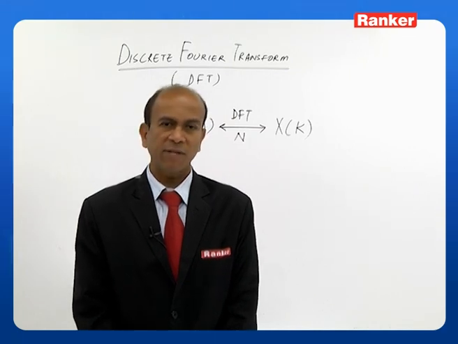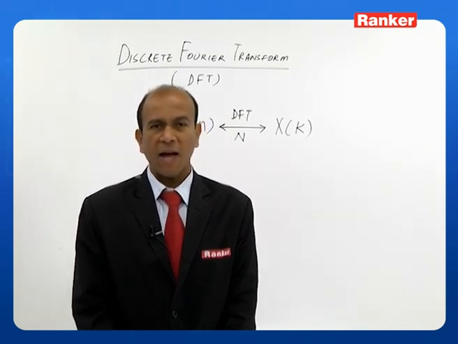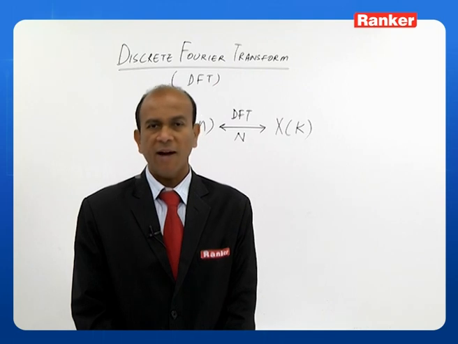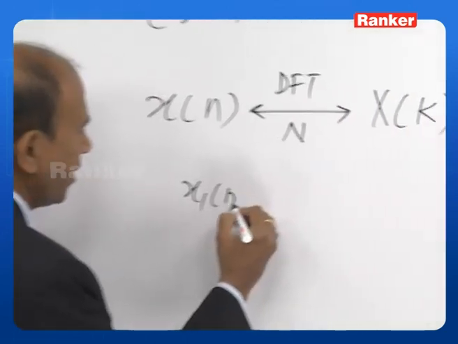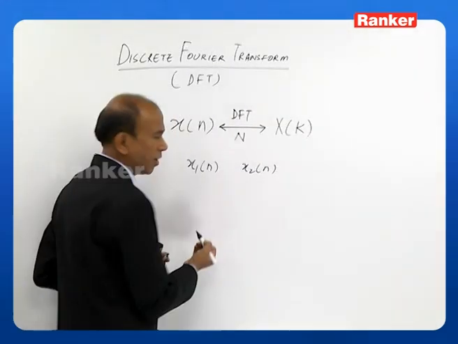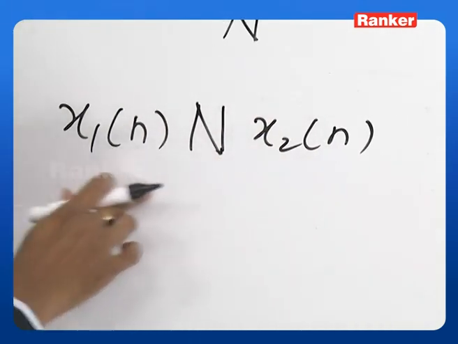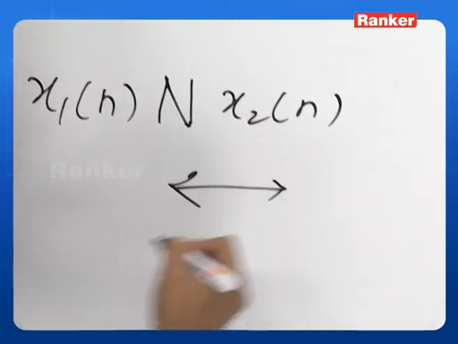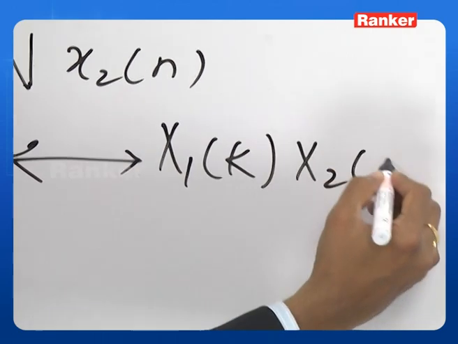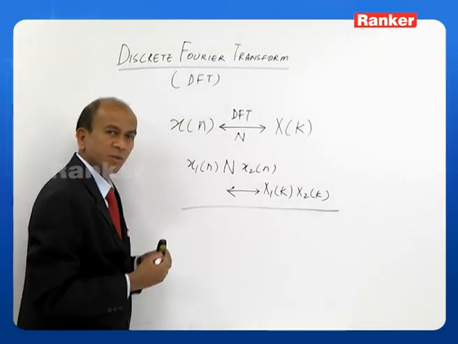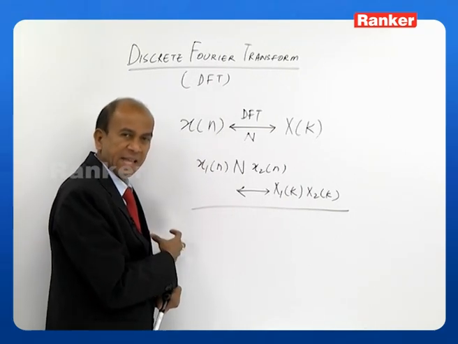Then when x1 of n is circularly convolved with x2 of n, indicated with the capital letter N, that will have a DFT which is equal to x1 of k times x2 of k. So circular convolution means I put a capital N here, and when the sequences are circularly convolved, the DFT is equal to x1 of k times x2 of k. This is what the property of circular convolution says in the DFT.